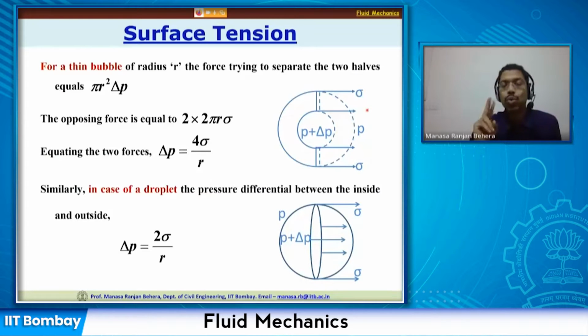So I have two layers, so on both the faces it is acting. Now what is the force? Sigma multiplied by the length. What is the length on the outer surface in that periphery? So what is that? 2 pi r. Now 2 pi r multiplied by sigma is the force.